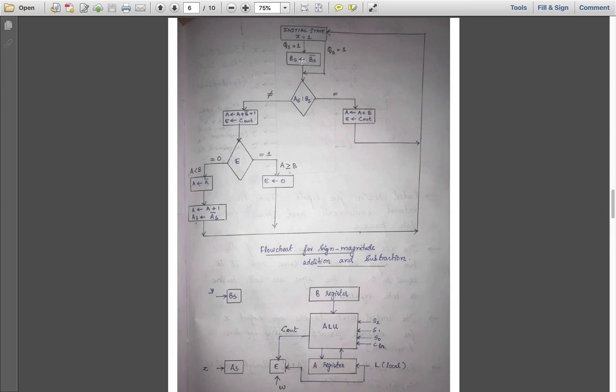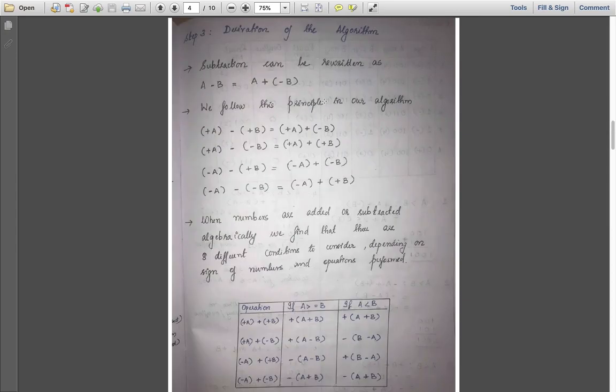So what is the next thing that is done? If QS is 1, it means that it is a subtraction. So the sign of that particular B register is being complemented. Let's see how it is being done.